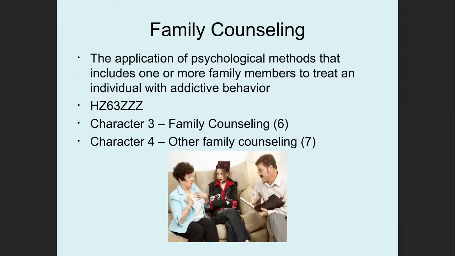For family counseling, the code is HZ63ZZZ. So the only characters that change are these two, family counseling, other family counseling. And the other family counseling is the only option for family counseling. So it's kind of redundant.